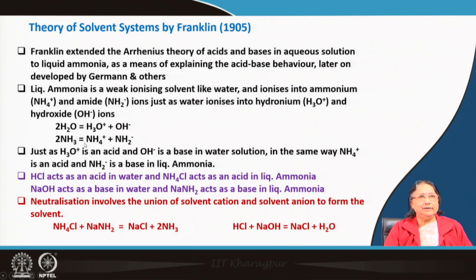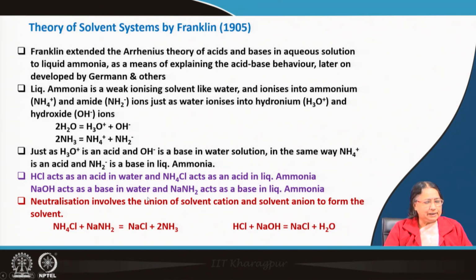So, this is the cationic part and this is the anionic part, and it is very similar to the Arrhenius concept. He said that something which gives the ammonium ion in liquid ammonia is an acid and which gives the amide ion is a base, but remember that this is extended to liquid ammonia, and he could explain many things.